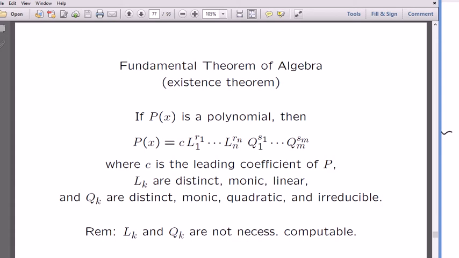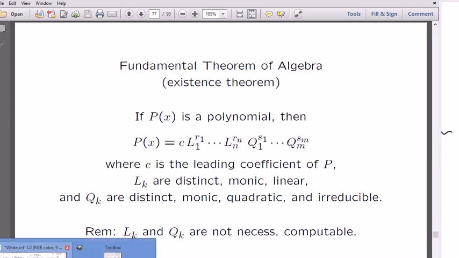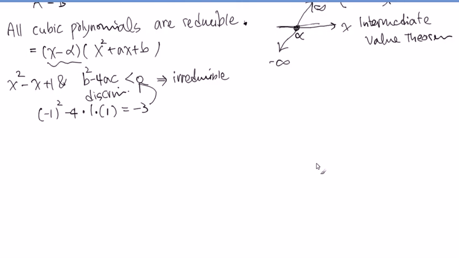For example, I think I remember that example. And here, the example of x cubed minus 3x plus 1. According to the fundamental theorem of algebra, how is it supposed to factor? Linear times irreducible quadratic, or linear times linear times linear, right?